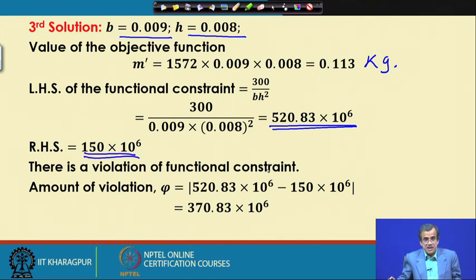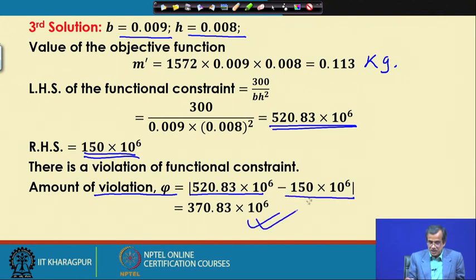So there is a violation of the functional constraint, and we find how much is the amount of violation. The amount of violation phi is the mod value of the difference between the developed stress and the allowable stress, 520.83 into 10 raised to the power 6.